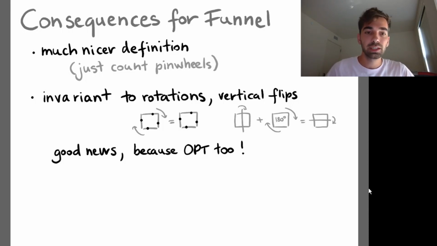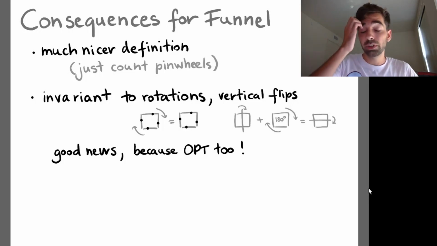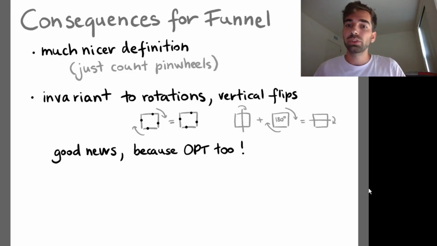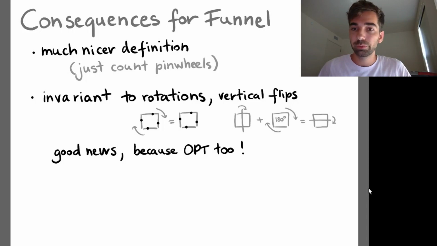But also it means that the funnel bound is invariant to rotations and vertical flips, which was not known before. It's invariant to rotation simply because pinwheels are rotationally invariant, and it's also invariant to vertical flips because from the definition of funnel, it's pretty clear that it's invariant to horizontal flips.